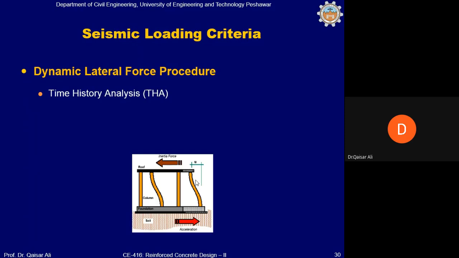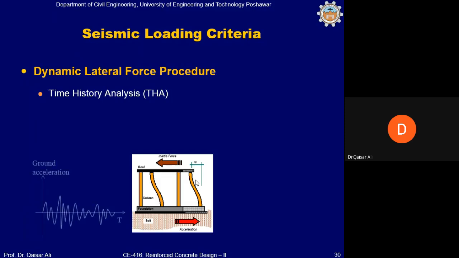This record, in other words, is a history of the structure during the earthquake, or the response history of the structure during the earthquake. For this reason, it's called time history analysis, because during the time duration of the earthquake, the response history at various locations of the building can be calculated using the equations of motion, using the knowledge of structural dynamics.